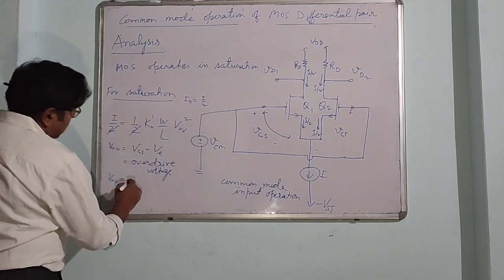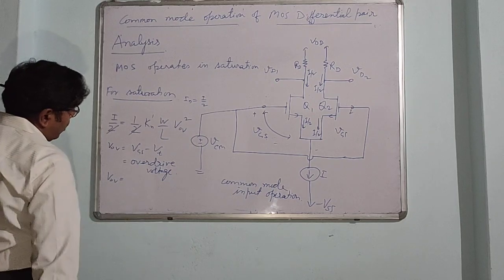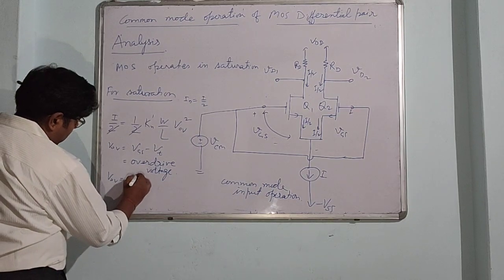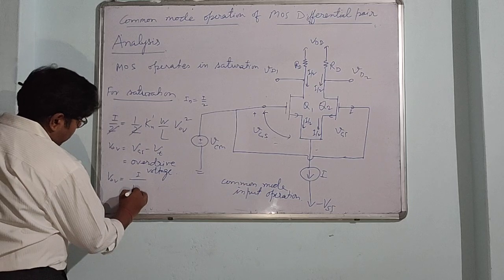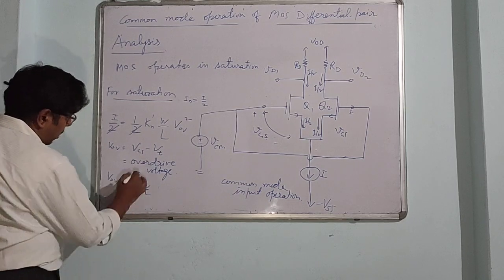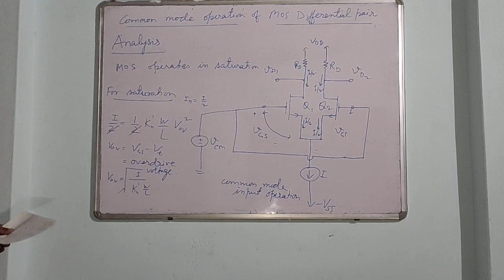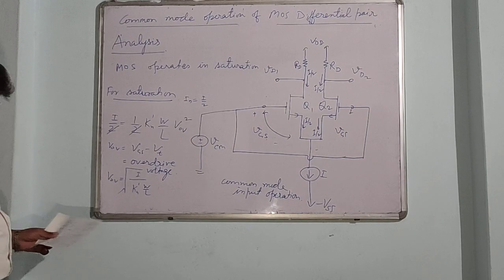You can write VOV as the square root of I divided by Kn dash W upon L. So this is the overdrive voltage.